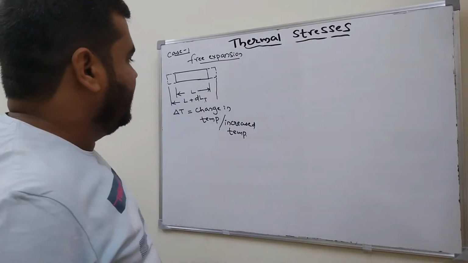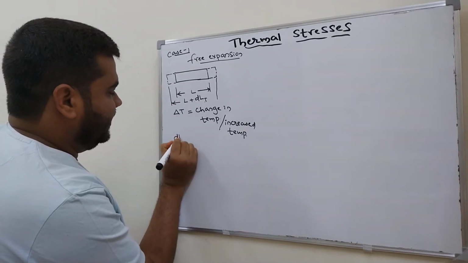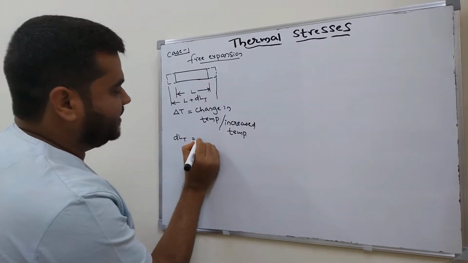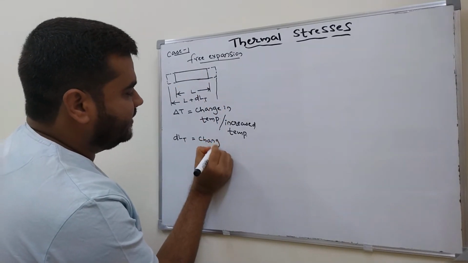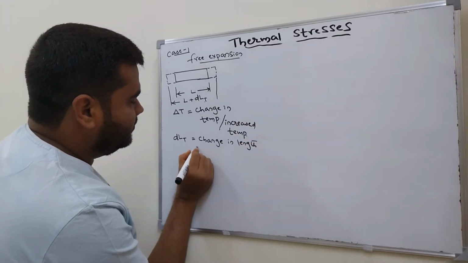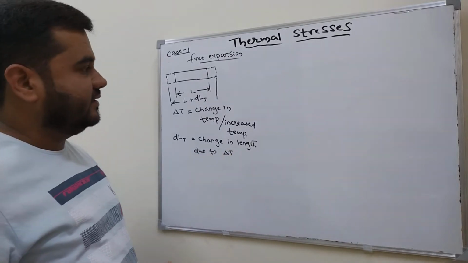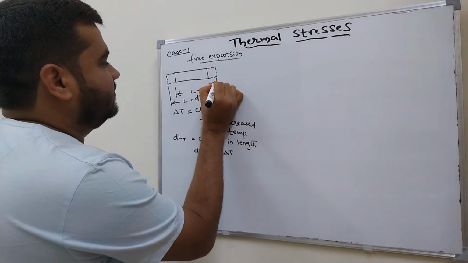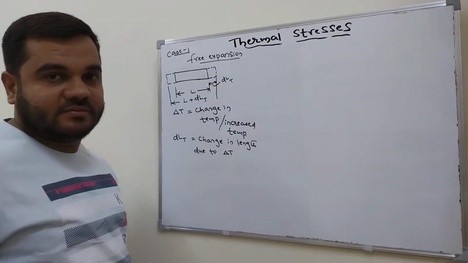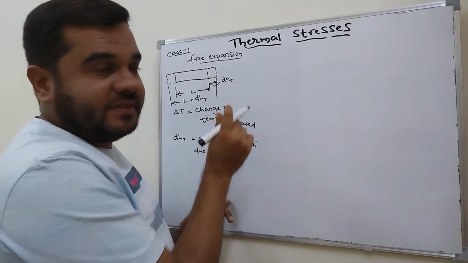L is the length. What is dL of T? That is the change in length due to delta T, due to the increasing temperature. Now how much is the deformation? That is the change in length.